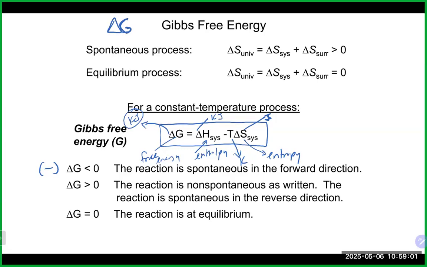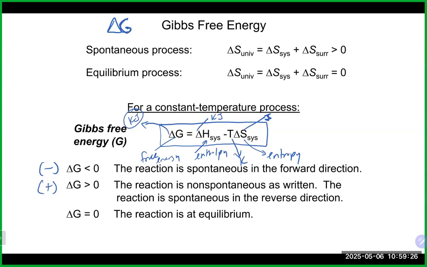If you calculate delta G and it is positive, then the reaction as it is written is actually non-spontaneous, which means that reaction will not occur the way it is written without any type of intervention. But, sometimes confusingly, it is referred to as the reaction will be spontaneous in the reverse direction.